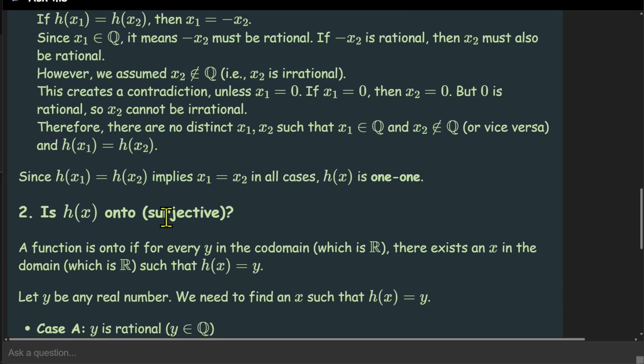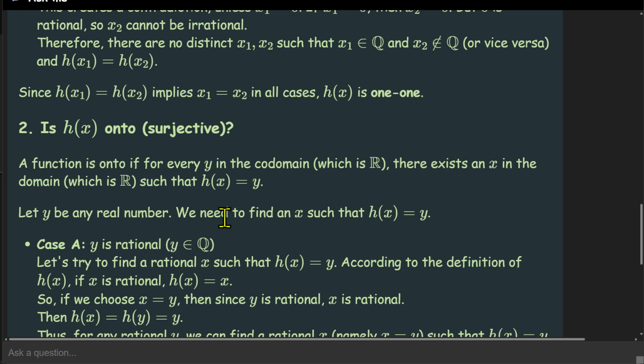Now, is h of x onto (surjective)? Yes. अभी देखो इसमें जो है, onto के लिए, onto को कैसे कहते हैं? फंक्शन इज onto मतलब for every y in the codomain there exists an x in the domain such that h of x equal to y. So we want to find x such that h of x equal to y.